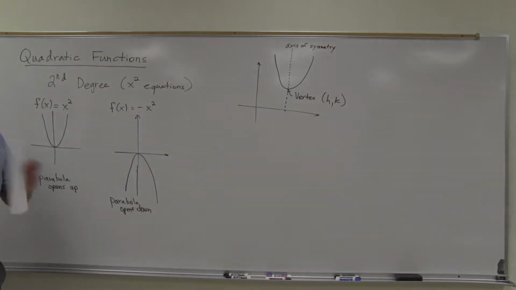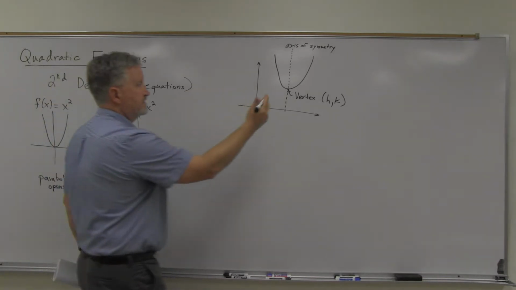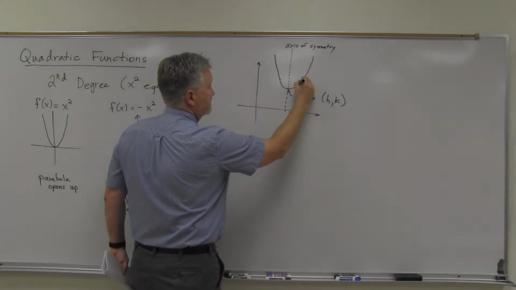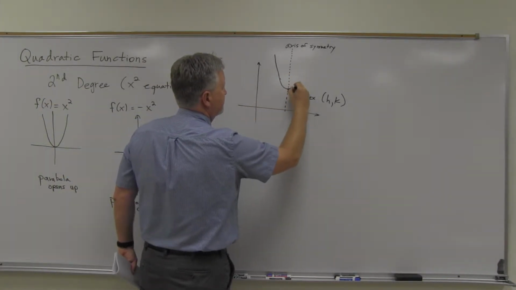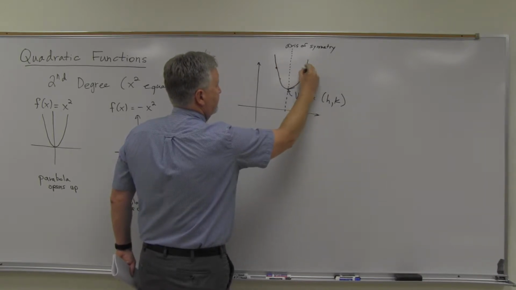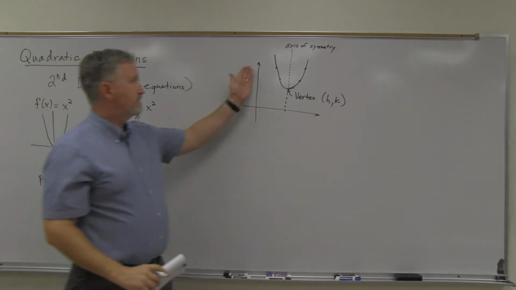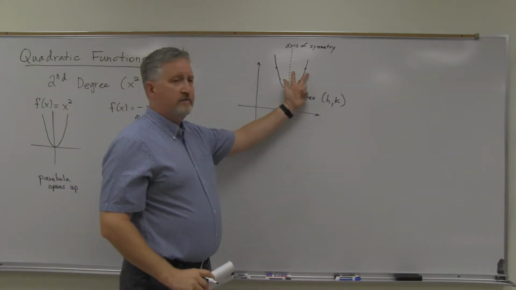In other words, that graph is a mirror image. If you draw that line right through the middle, it's a mirror image. In other words, this point mirrors this point. Let me draw it a little better. This point would mirror this point. They're the same distance away, in other words. At that same height, those points are the same distance away.